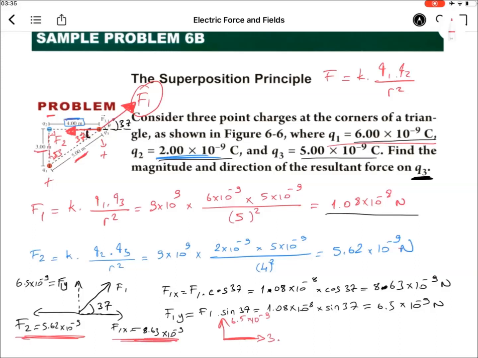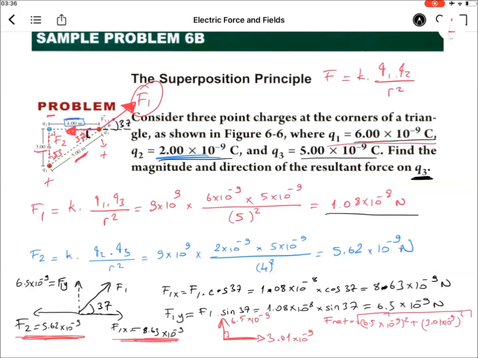When we subtract this and this, there will be 3.01 times 10 to the negative 9. To calculate the resultant force here, we have to use the Pythagorean theorem. As you know, F net is equal to the square root of (6.5 times 10 to the negative 9) squared plus (3.01 times 10 to the negative 9) squared.